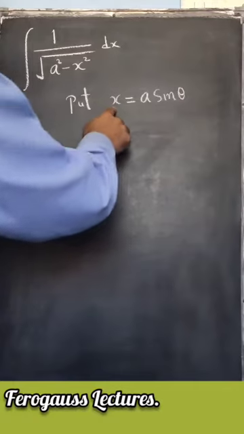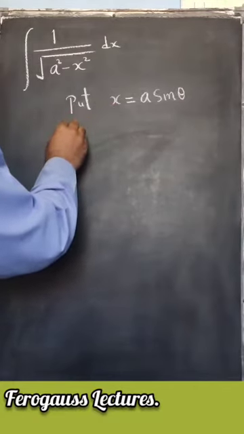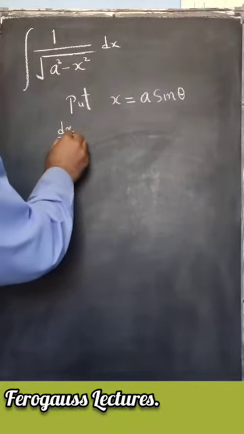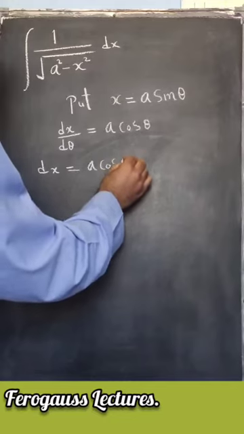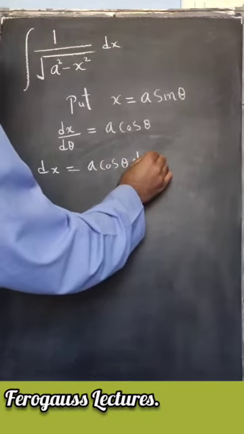Now differentiating x with respect to theta, we get dx by d theta is equal to a, since a is constant and the differentiation of sine theta is cosine theta. Or dx is equal to a cosine theta d theta.